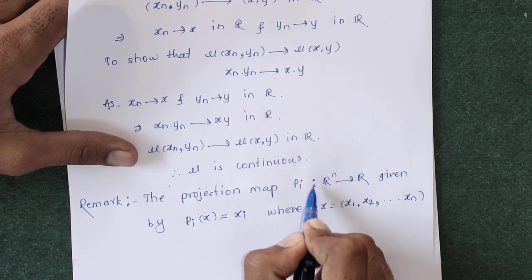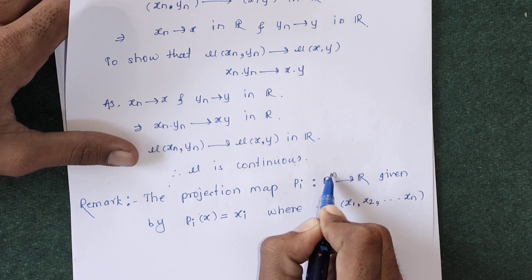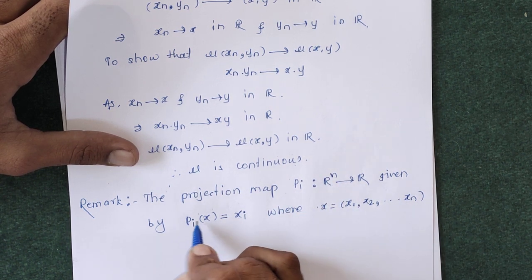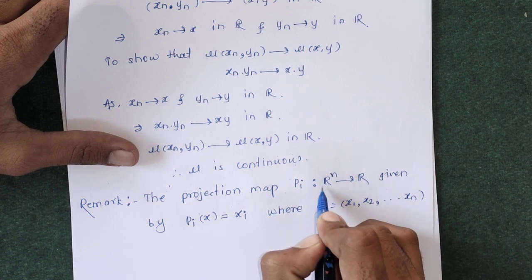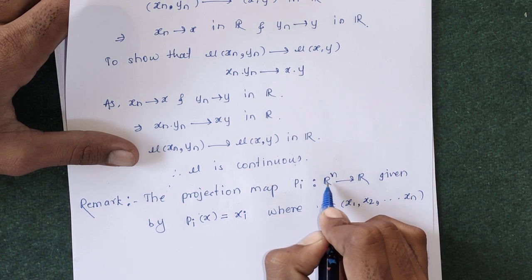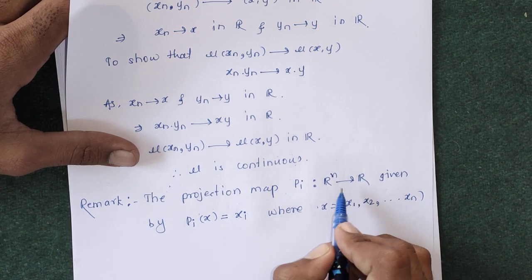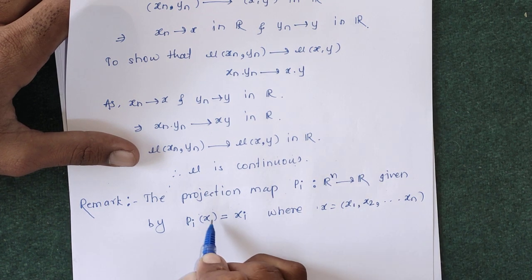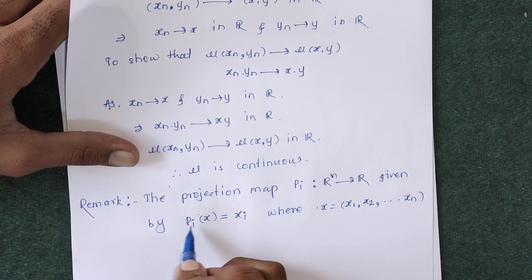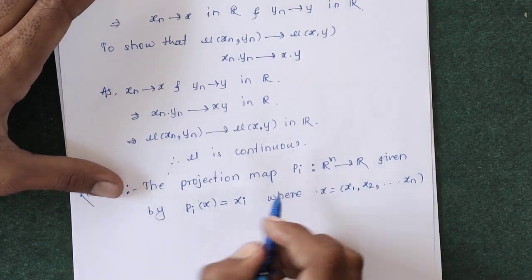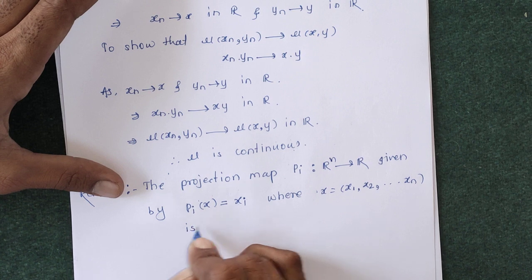The function is applied on elements of this domain, and the elements of this domain are n-tuple elements. So this function is defined as pi_i of x equals x_i. That is, suppose this is R cube, then the function p is applied on a 3-tuple element, and the function is defined as, suppose p1 of x equals x1, p2 of x equals x2. So this function is defined in this manner, and this function is continuous.